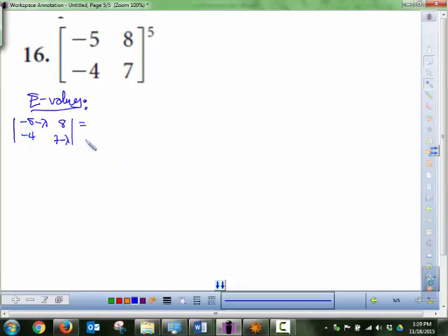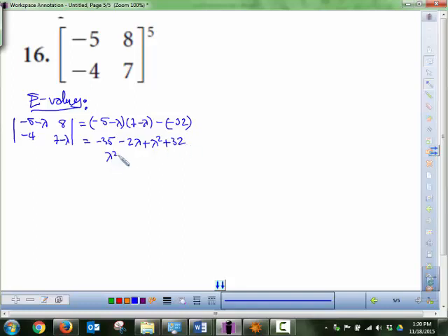Let's try that again. Characteristic polynomial: -5 minus lambda times 7 minus lambda minus 32. So -35, positive 5 lambda, negative 7 lambda, which is negative 2 lambda, I hope, plus lambda squared plus 32.